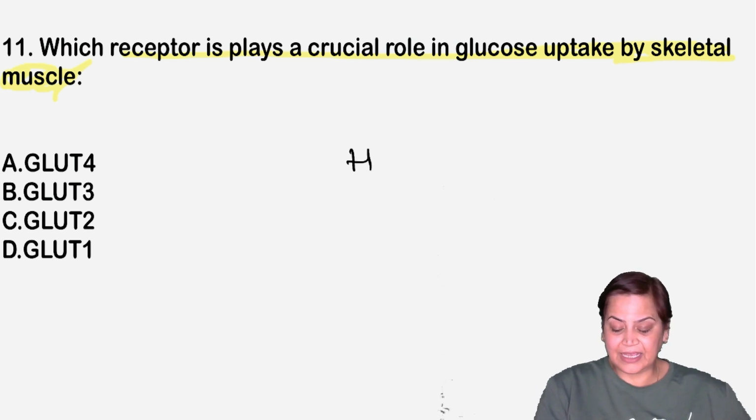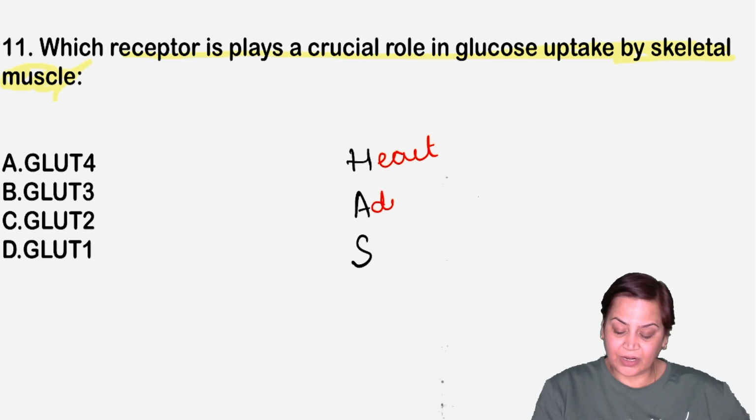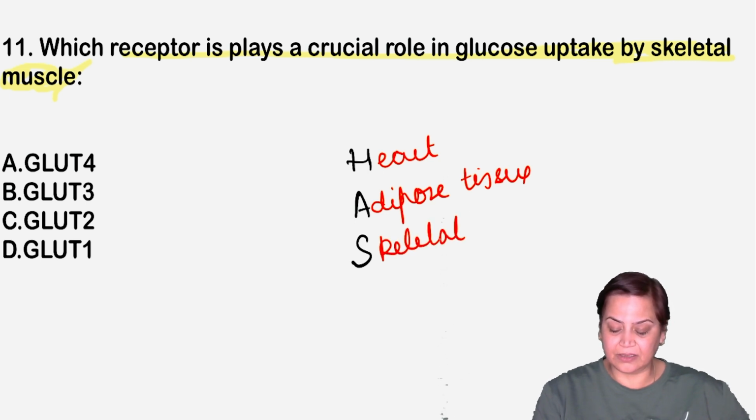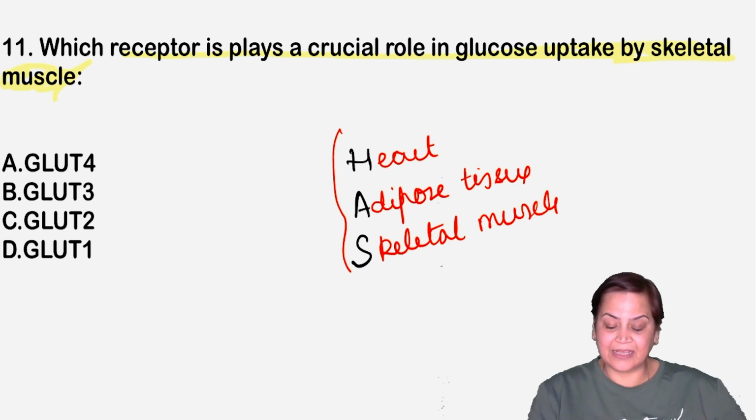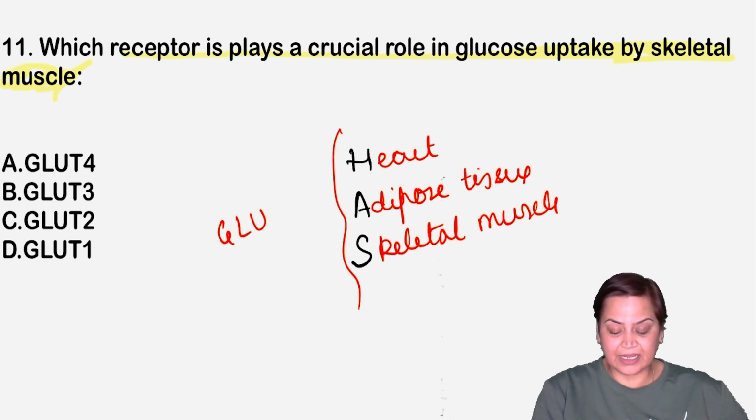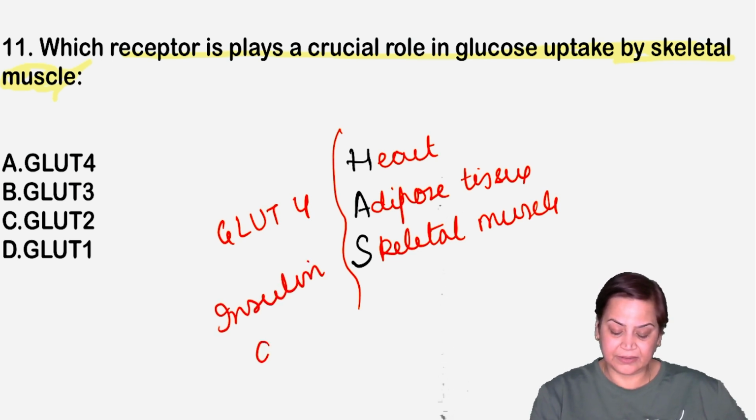The mnemonic is HAS, where H stands for the heart, A stands for adipose tissue, and S stands for skeletal muscle. And for HAS, the transporter is GLUT4, which is insulin dependent.